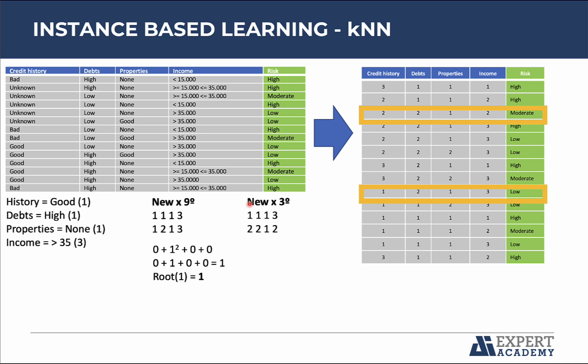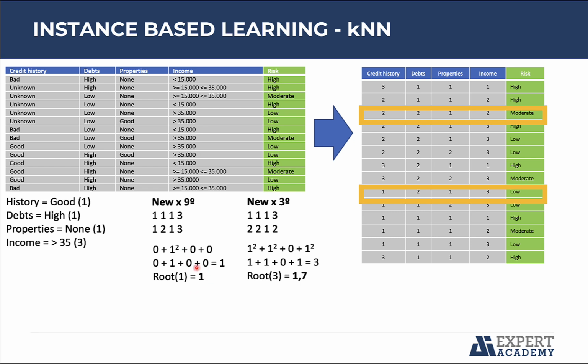Now we can calculate between the new 1, 1, 1, and 3, and instance number 3, 2, 2, 1, 2. After performing all the calculations, the result is 1.7. If you want, you can pause the video and try to calculate the values by yourself according to the equation I have shown in the other slide.